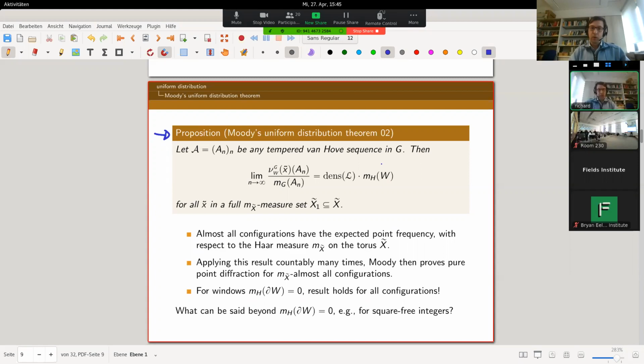And then the statement is that the point density of the model set takes its expected value. It's the formula given here. And this holds, of course, not in general for all point sets in this extended hull, but for almost all point sets in this extended hull with respect to the Haar measure. So this is nice.